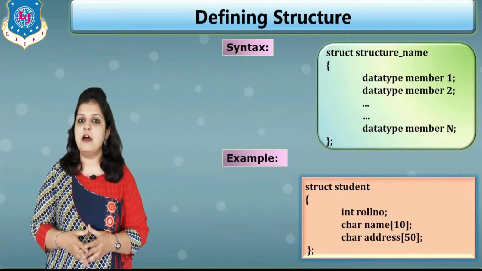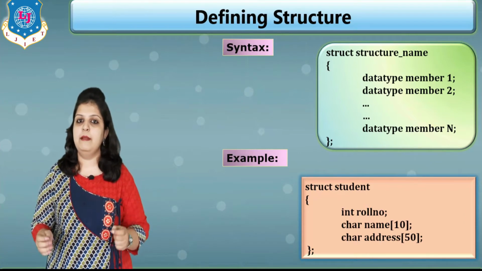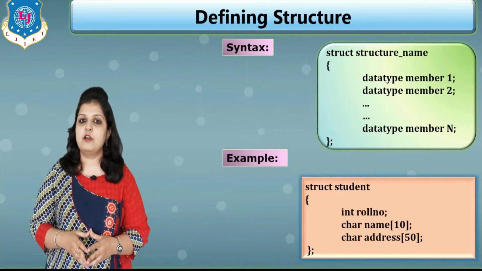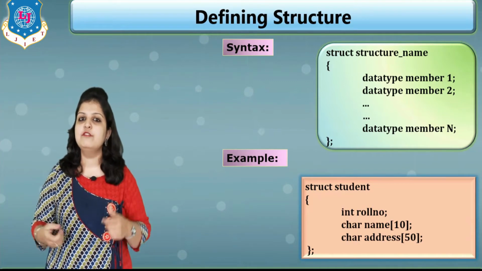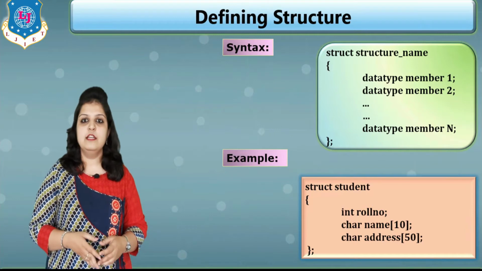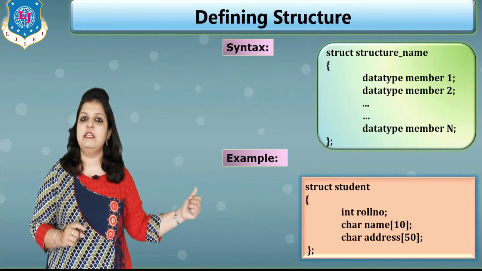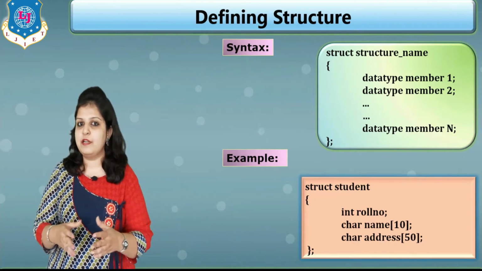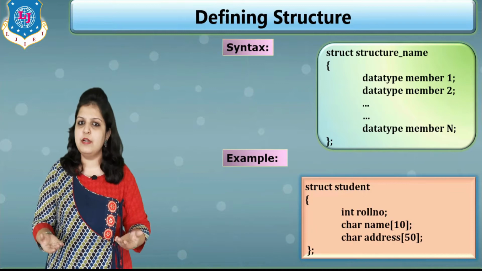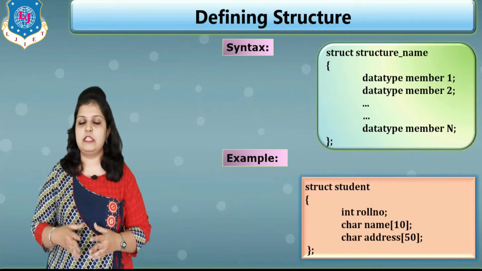That's why again I have used a character array, char address, and in brackets the size is 50, because it is possible the length of the address is larger compared to the student name. So these 3 are the members of our structure which is named student. You can enter the name of the structure as per your choice, like student, student information, student table, etc.